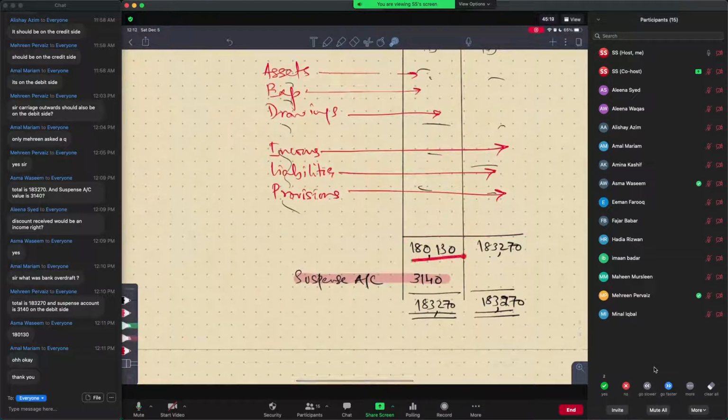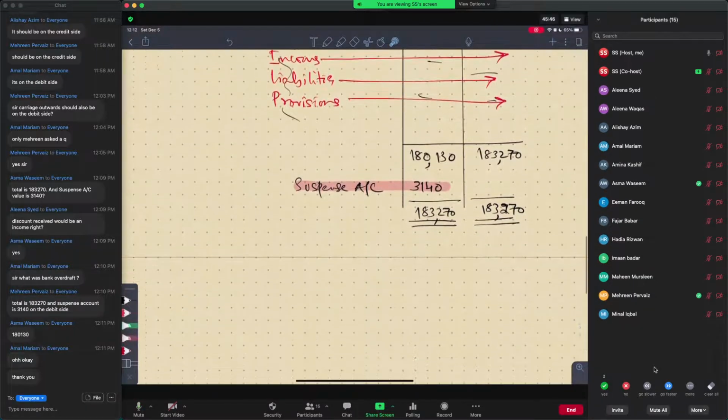On the debit side, you had a smaller value, and then you insert the suspense account here, and then you show the trial balance here. So basically, you are trying very hard to tell the reader, please do not consider this trial balance as final. There is a suspense account. You try to show it, highlight it properly, right? That's how formally the suspense account is shown on the trial balance.